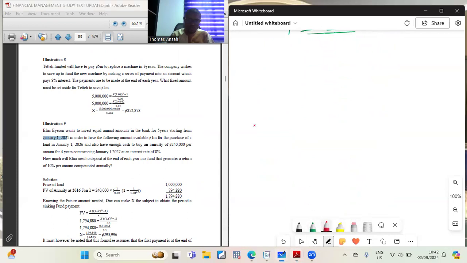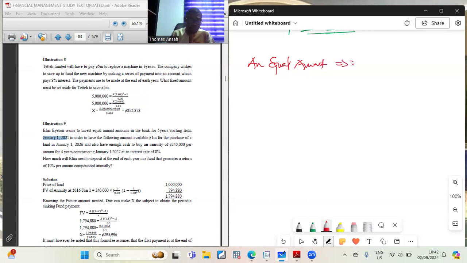So she wants to save an equal installment amount. We don't know the amount yet.